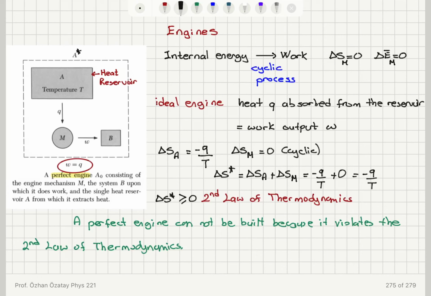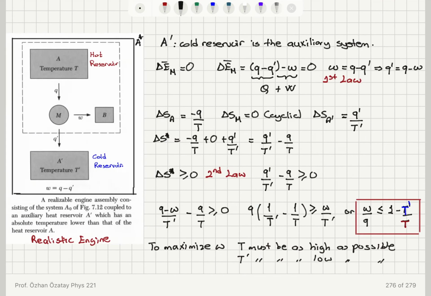So the heat engine absorbs an amount of heat Q, work output W. They should be the same in the ideal engine, but since the entropy change in the hot reservoir is minus Q over T, and the entropy change in the engine is 0 because it's cyclic, the total entropy change would be negative, which violates the second law of thermodynamics. So a perfect engine cannot be built.